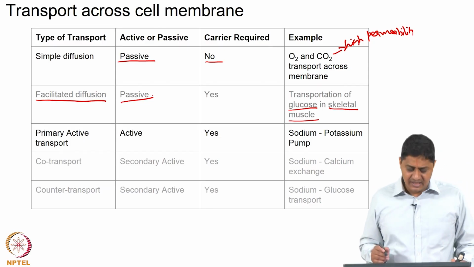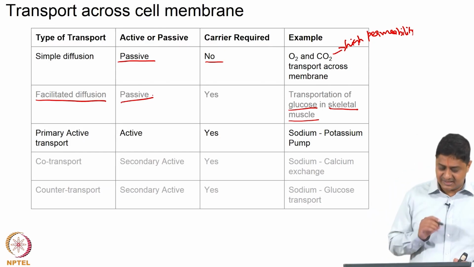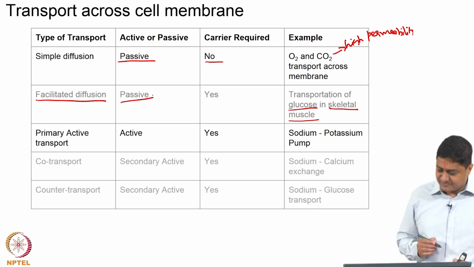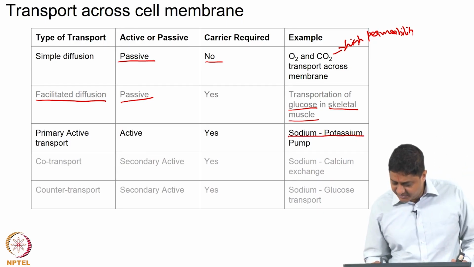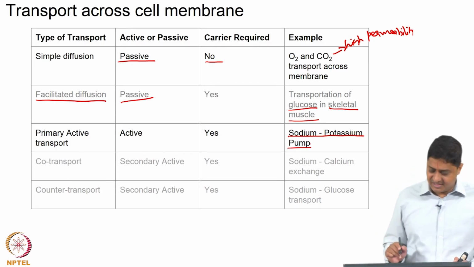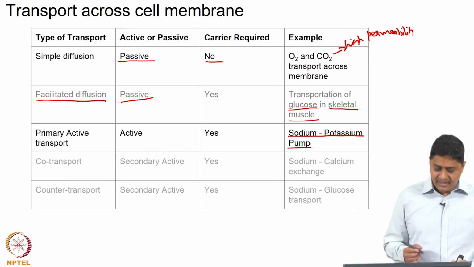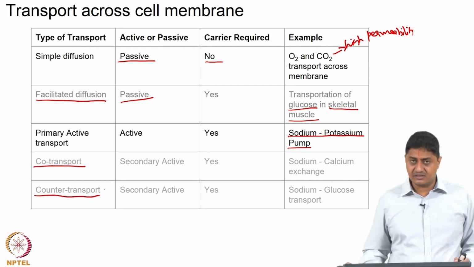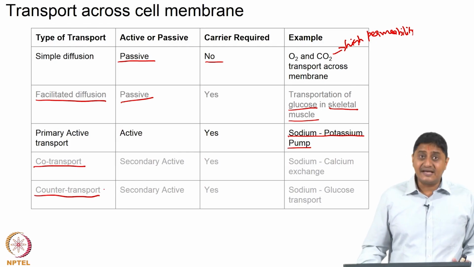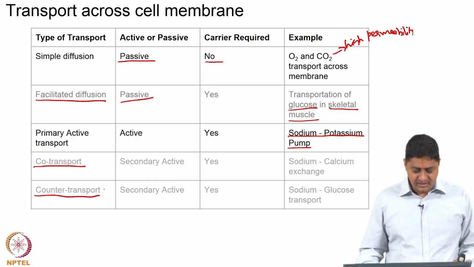So, in general, transportation against the gradient requires expense of energy, right. The classic example is the sodium potassium pump, which we will see in greater detail later. And then there are other forms of transport such as co-transport, counter transport, that are called secondary transport mechanisms, right.